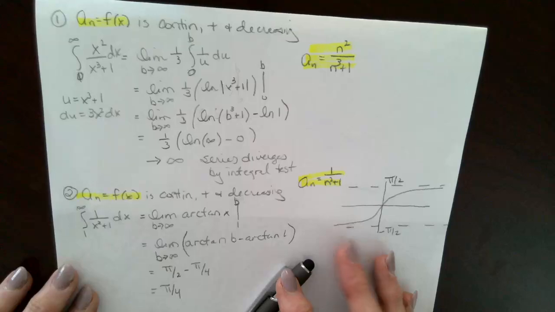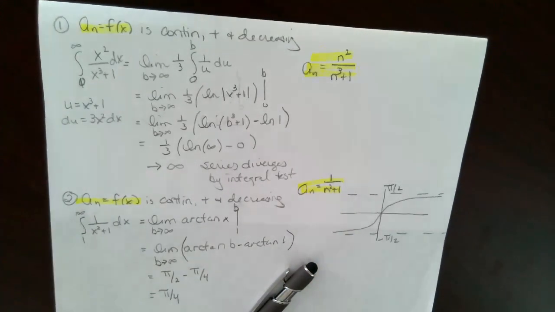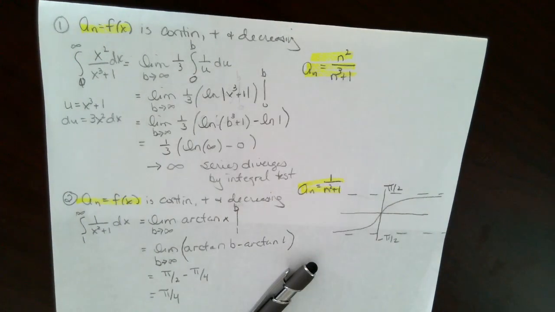Don't we need to use u? u equals the bottom, x cubed. du is 3x squared dx. So that means dx equals 1/3.